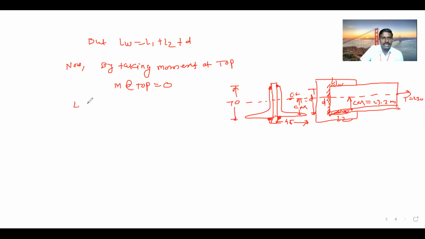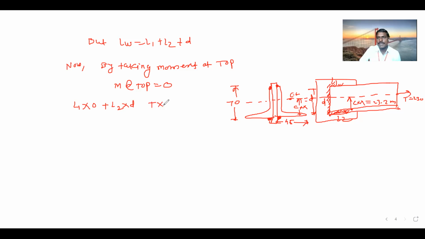So L1 into 0. Okay. L2 into 70. It means D. So is this clockwise or anti-clockwise? Clockwise, positive.